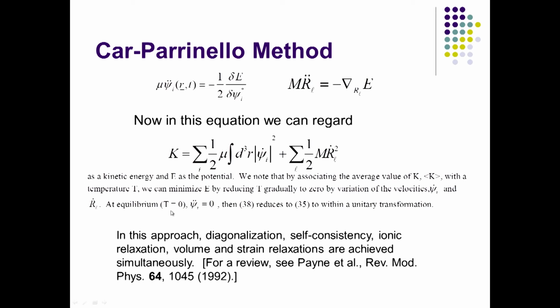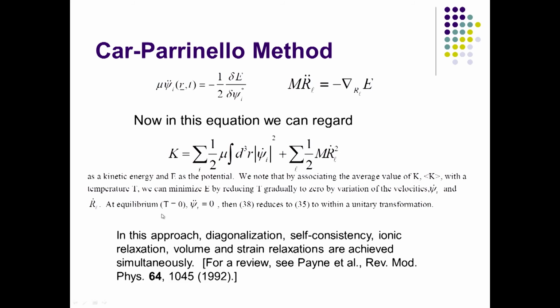At equilibrium T is equal to 0, obviously the wave equation second order will be 0. Then if you look at this equation above and minimize it subject to unitary transformation, that is when you can come to the ground state, and that is where you are now able to use the density functional approximation.